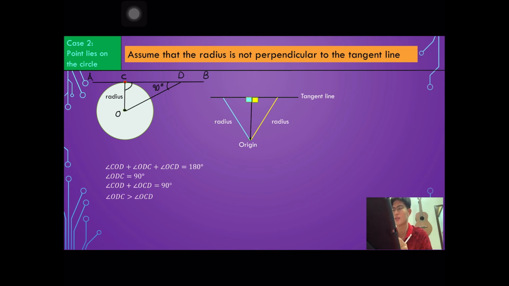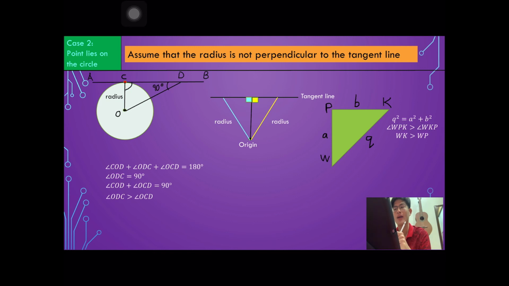Now, let's apply the Pythagoras theorem to continue our proof. From this right angle triangle, we can clearly see that angle WPK is greater than any other internal angle of the triangle, and that distance WK is the greatest among all the other distances. So, when we say angle WPK is greater than angle WKP, we can also say that distance WK is greater than distance WP.